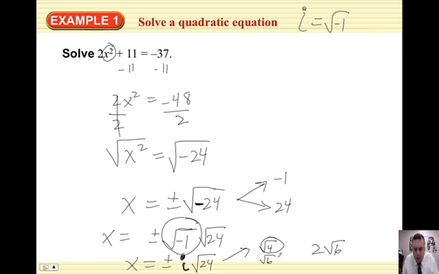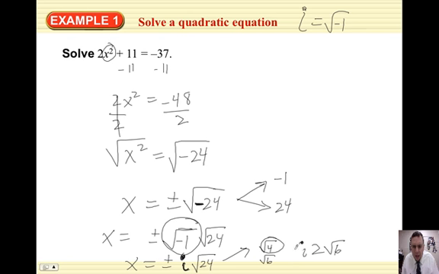It looks ugly if we do this: i 2 root 6. Actually, it goes right in between the root and the number. Instead of i 2, that doesn't sound good. That's like saying x2, right? No, it's 2x.